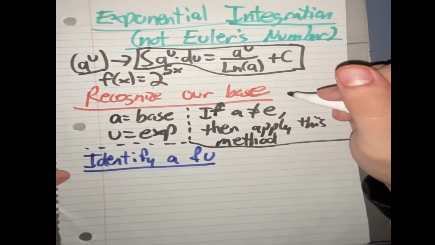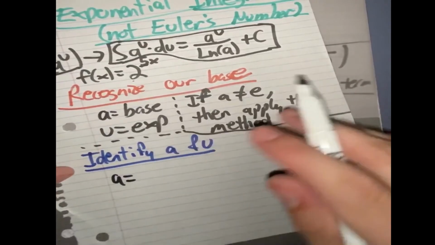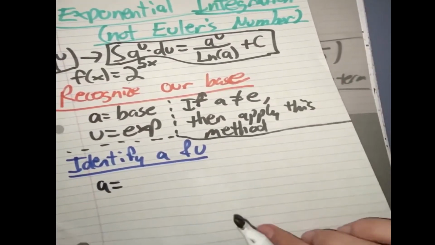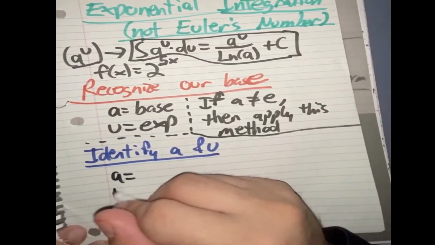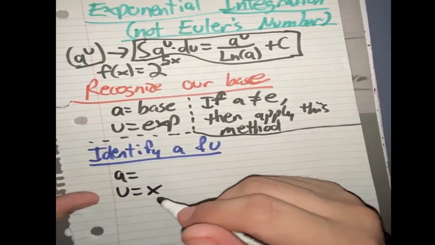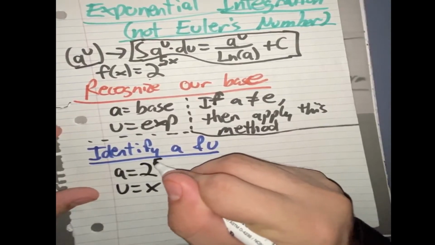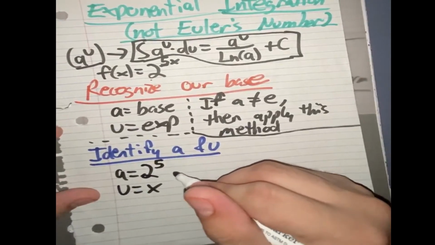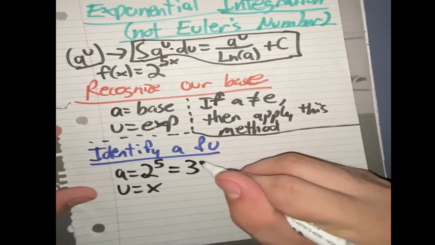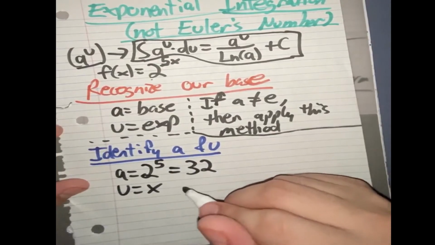Keep in mind that we do have a constant. We want our U to be equal to just x, so our A is actually 2 raised to the 5, which simplifies to 32, because at the end of the day this is a constant. So our A is 32, and our U is simply x.